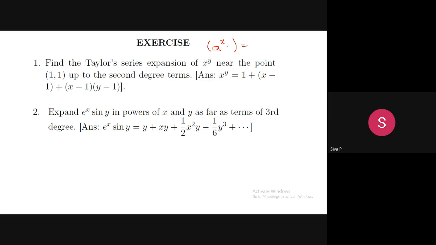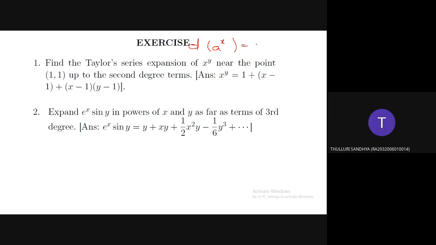At that time you have to use the a power x formula. What is this formula? You know what is the differentiation of a power x? A power x by log.